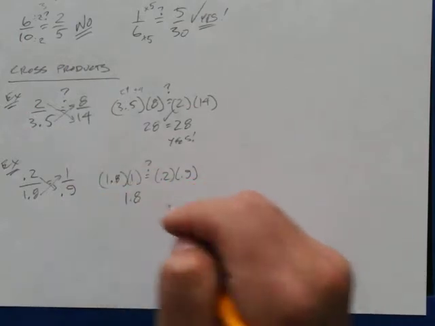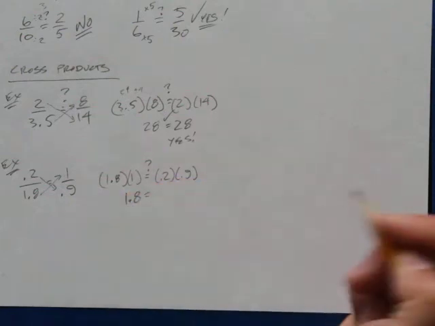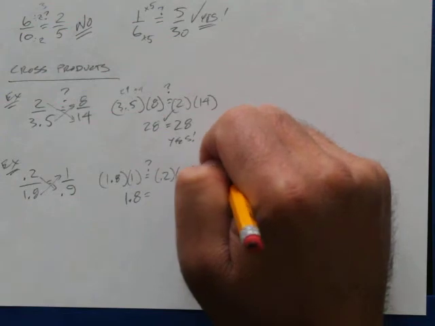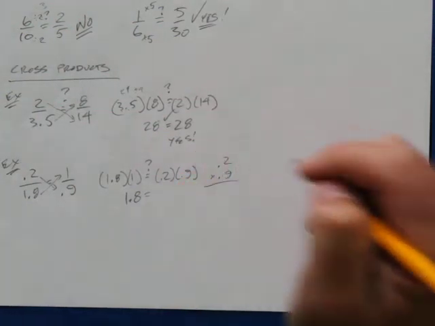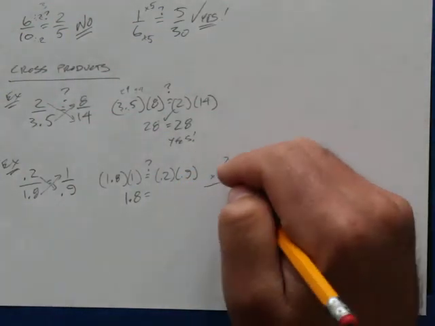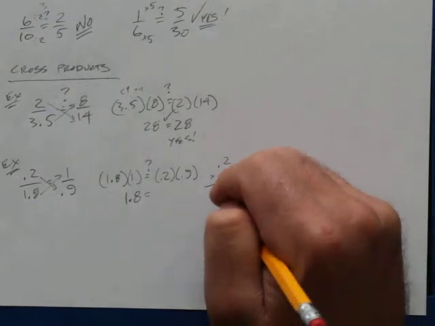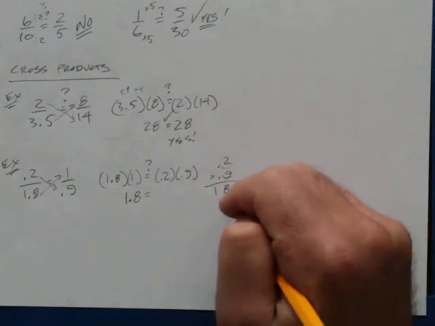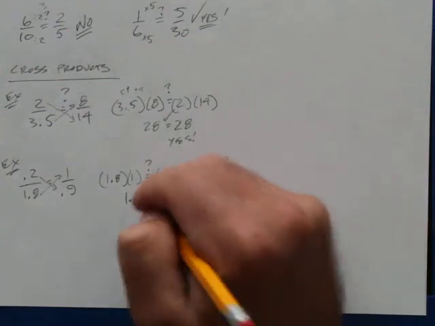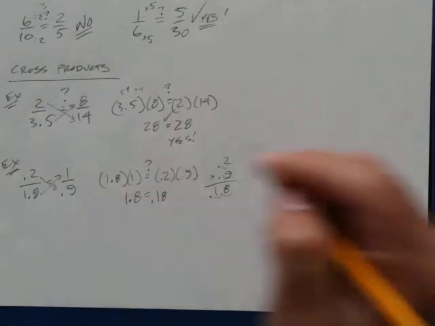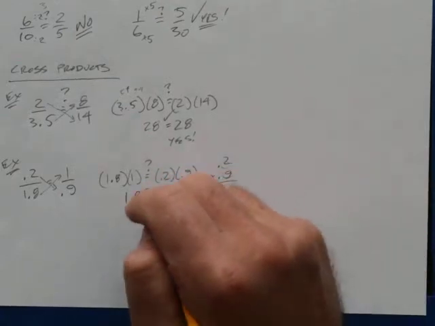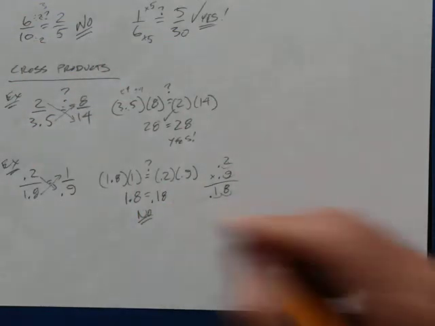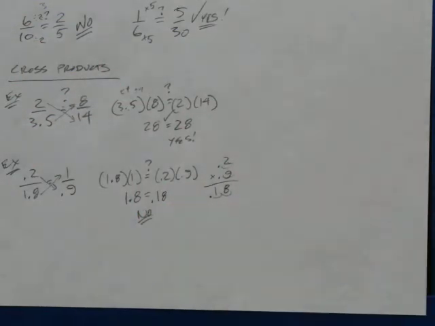Any number times 1 is that number. Now let's look at 0.2 times 0.9. 2 times 9 is 18. And now I've got 2 decimal points here, so that means I need to go over 2 places. 1.8 does not equal 0.18. So these are not equivalent ratios or equivalent fractions.